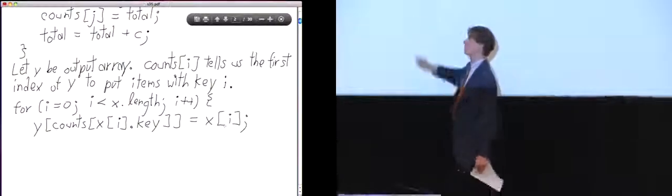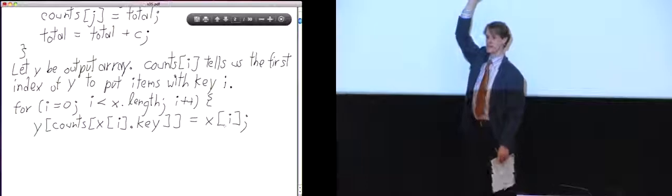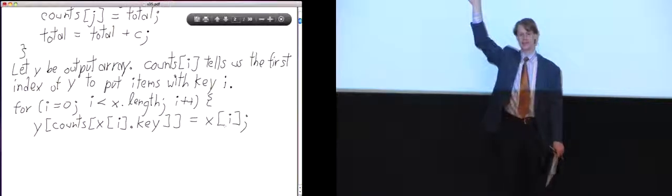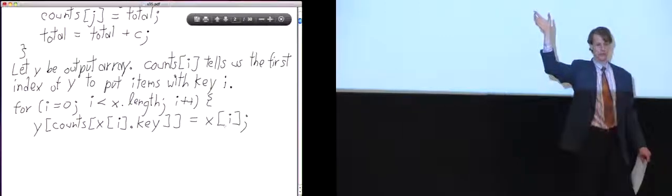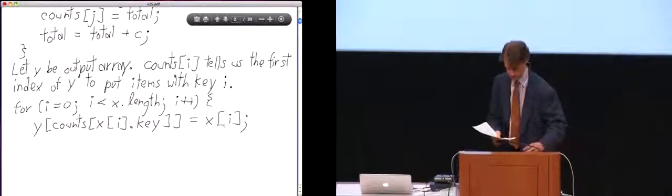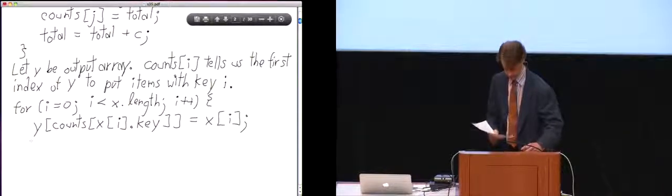So to find the proper place, we need to look up the key of xi, and then we look up in the counts array what is the index we should send that item to in the y array. After we do that, we also need to increment the count array in that same location.